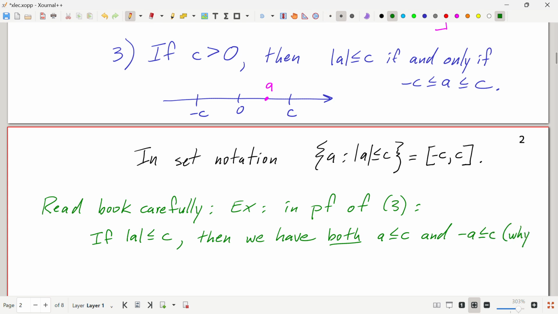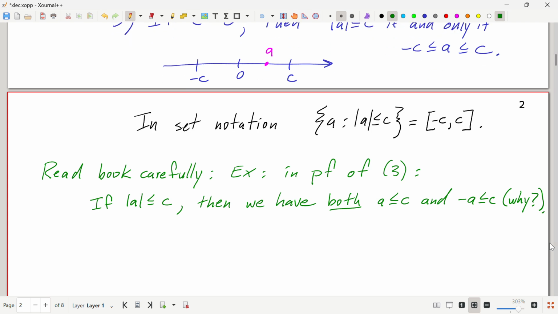It means think about it. They're skipping something when they say that. You've got to think about it and convince yourself it's true. So don't skip the "why" part.